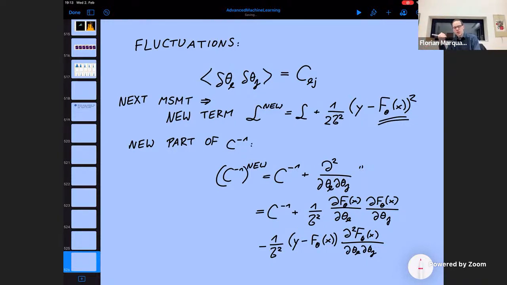Now, if f theta is not entirely linear, it doesn't completely vanish, but there can still be situations where this second part may be small compared to the first part. If that's not the case, our analysis has to be expanded and has to become more complicated. And I will assume that here now.